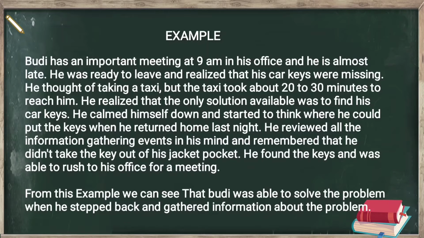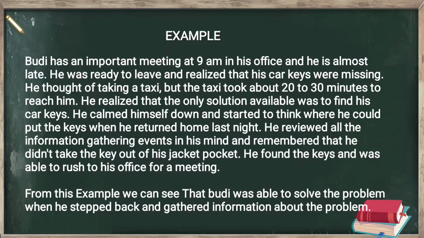He realized that the only solution available was to find his car key. He calmed himself down and started to think where he could have put the key when he returned home last night. He reviewed all the information gathered in his mind and remembered that he didn't take the key out of his jacket pocket. He found the keys and was able to rush to his office for the meeting.